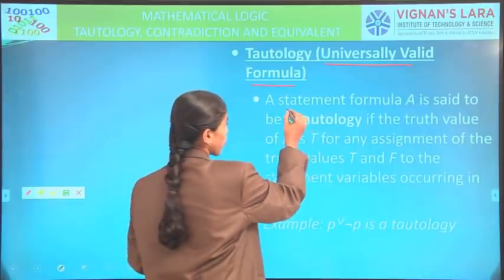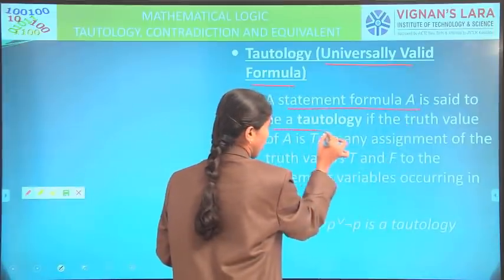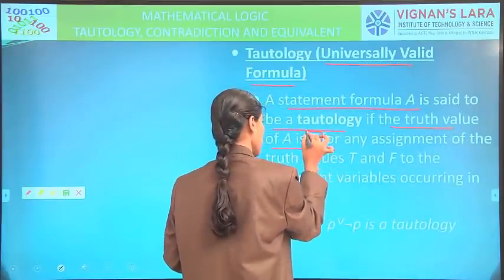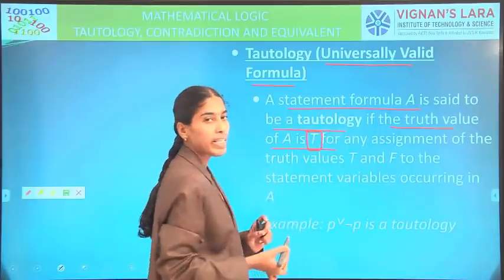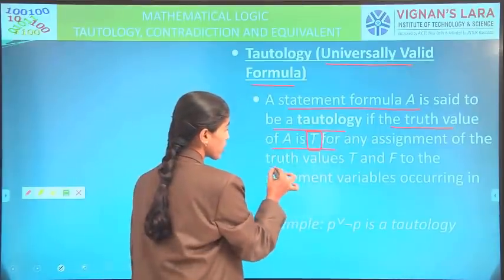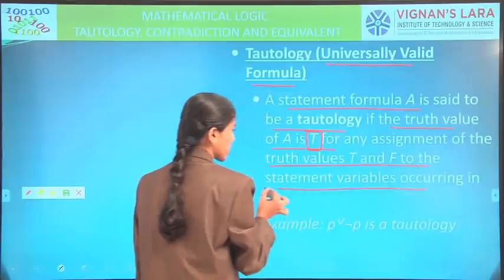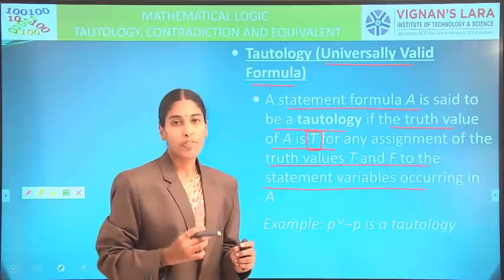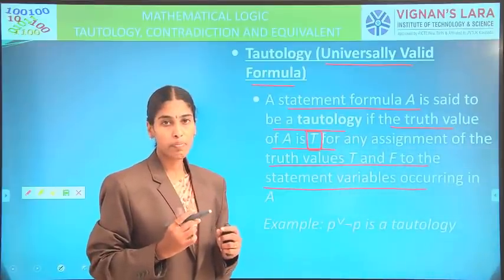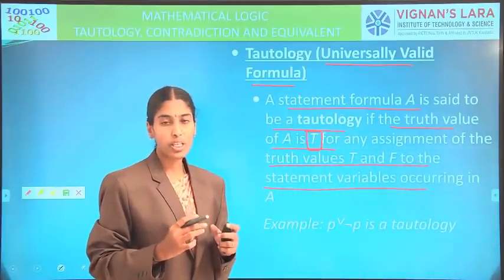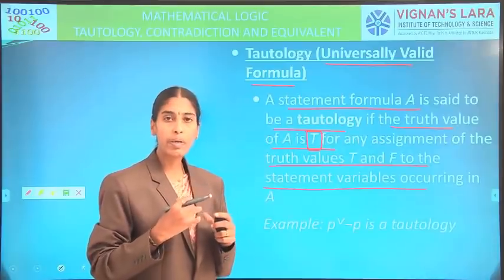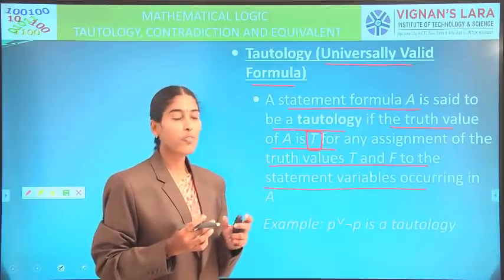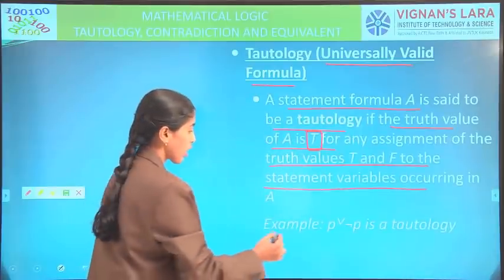So a statement formula A is said to be a tautology if the truth value of A is true for any assignment of the truth values T and F to the statement variables occurring in A. If we take all the assignments of truth values of the propositions and it is true, then we call the proposition a tautology.